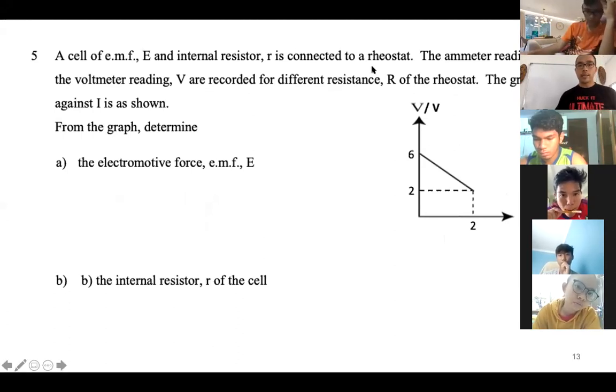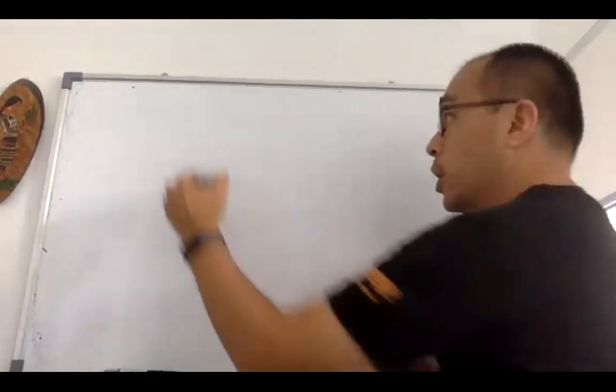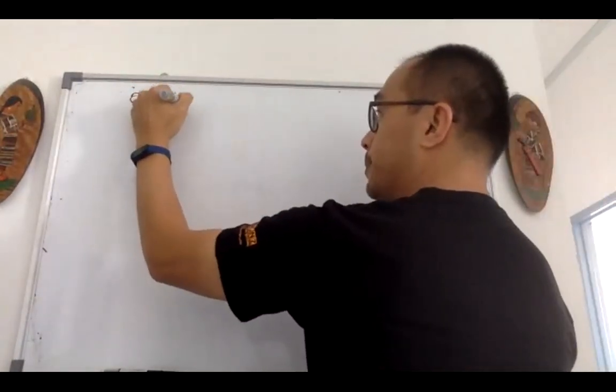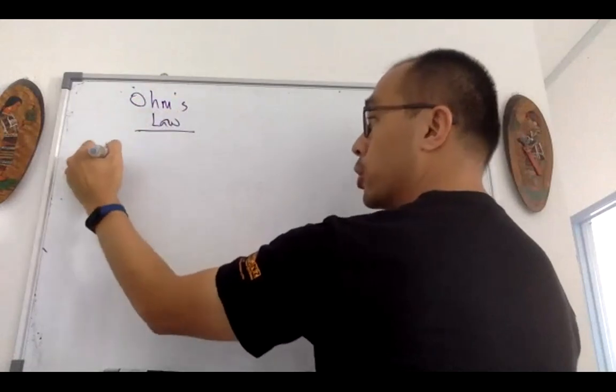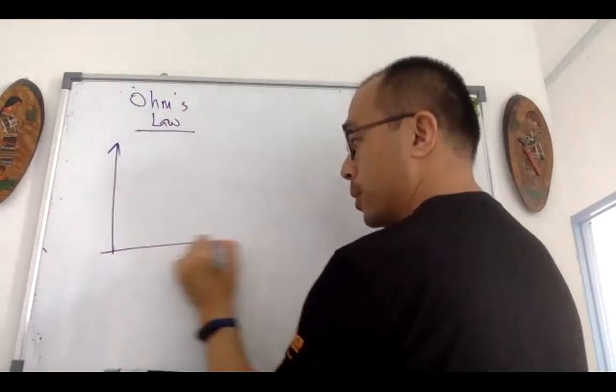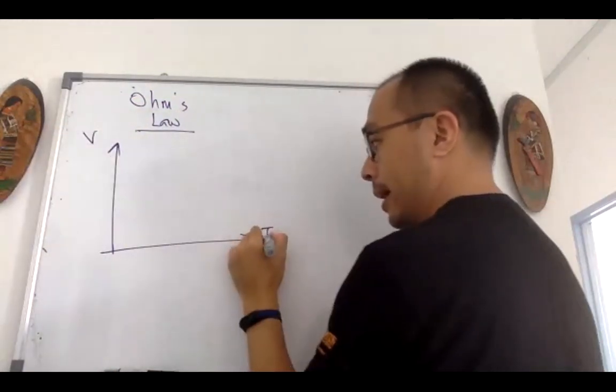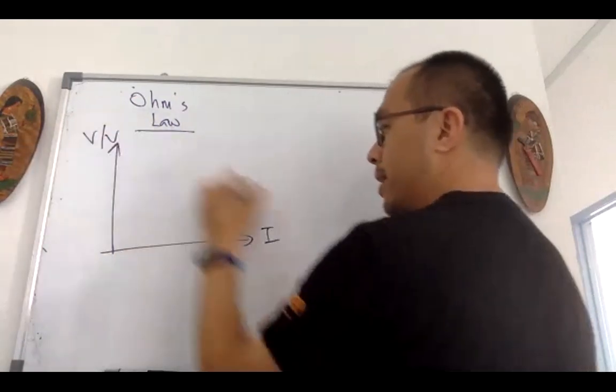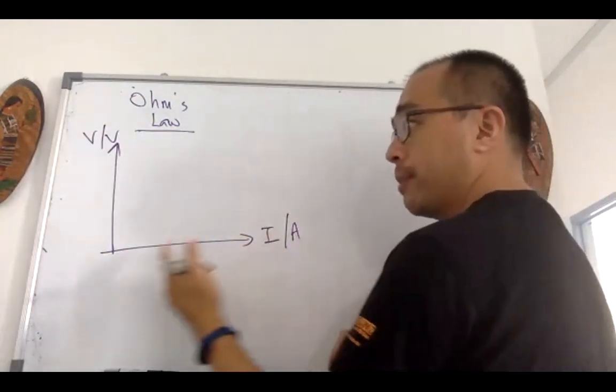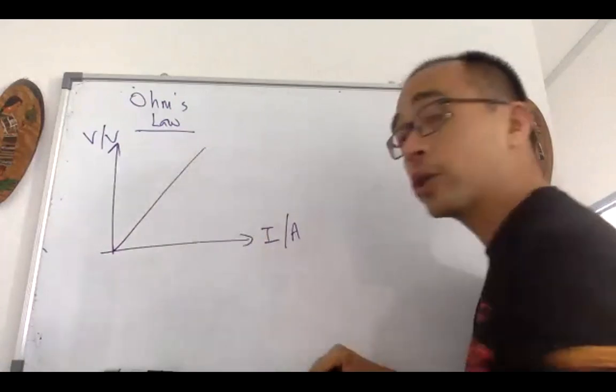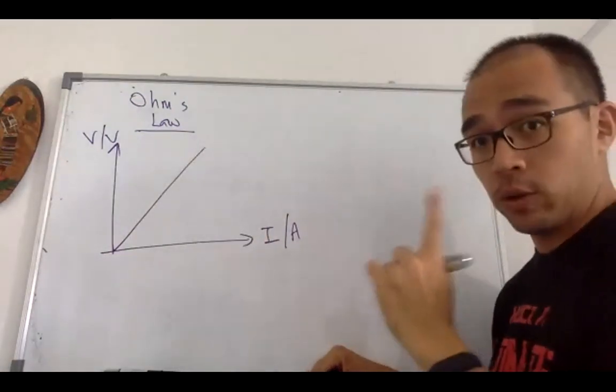But before we answer this question, I just want to show you a few things. When we were doing Ohm's law, we were doing the same graph, V against I. But the graph we found was a directly proportional graph. This was Ohm's law.